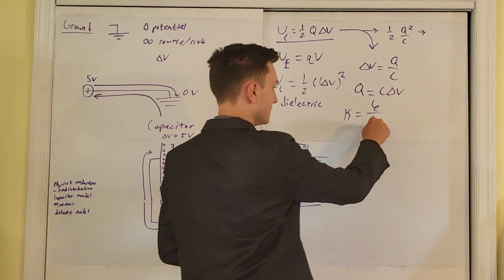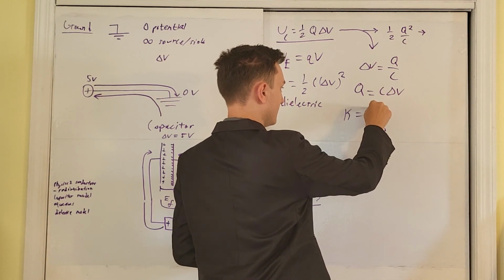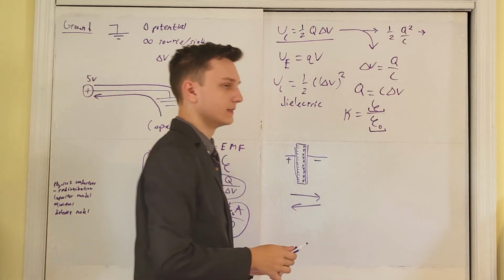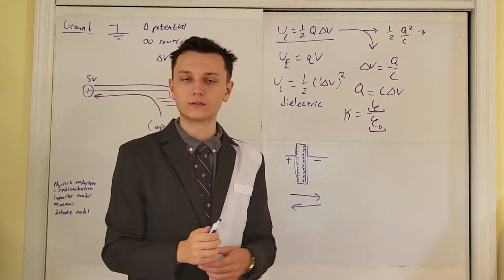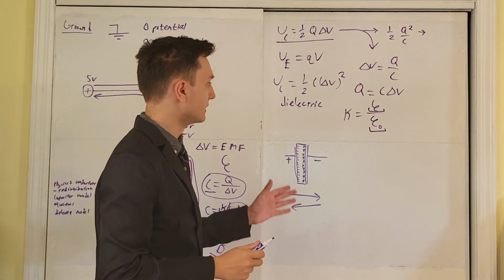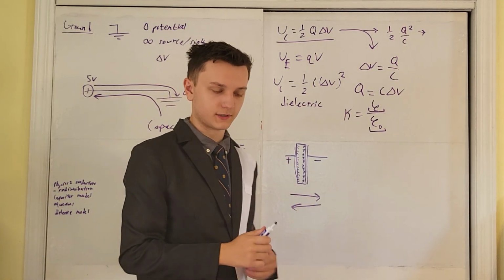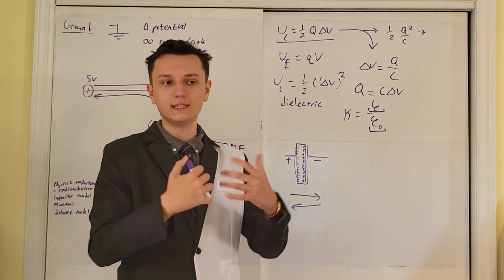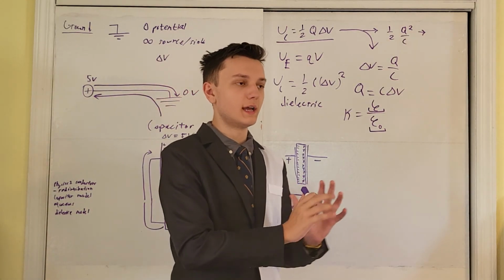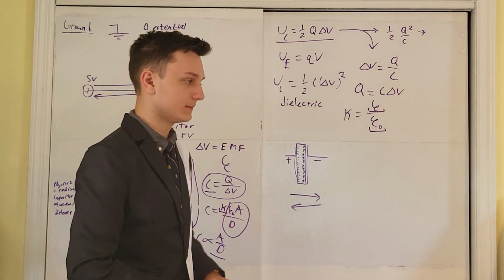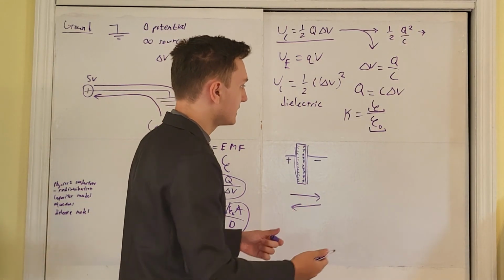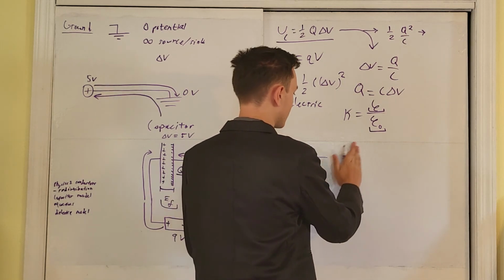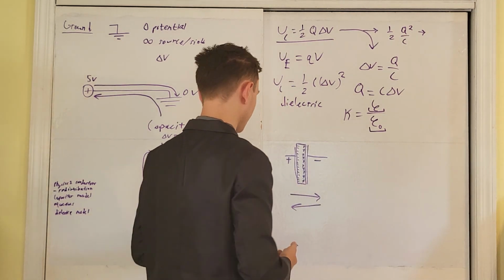So epsilon naught is vacuum permittivity, and epsilon is going to be the permittivity of our dielectric, okay? It's a measure of how polarizable it is, how easily electric field can move and stabilize through the material, okay? So in the context of that, the dielectric constant makes sense in terms of its application.